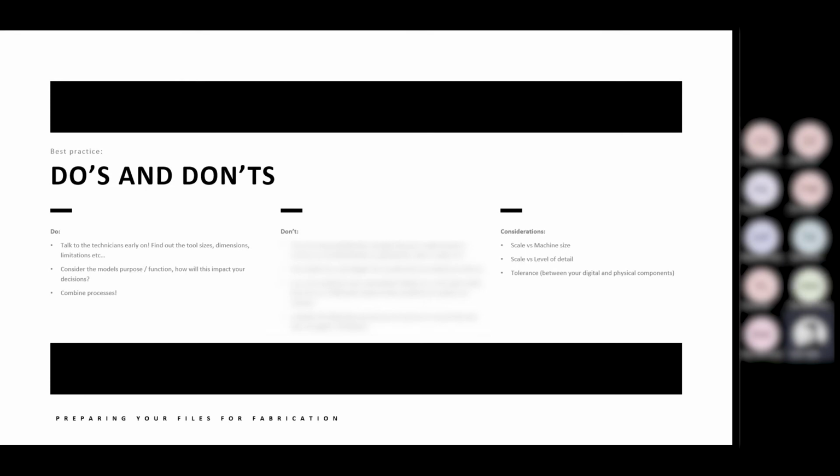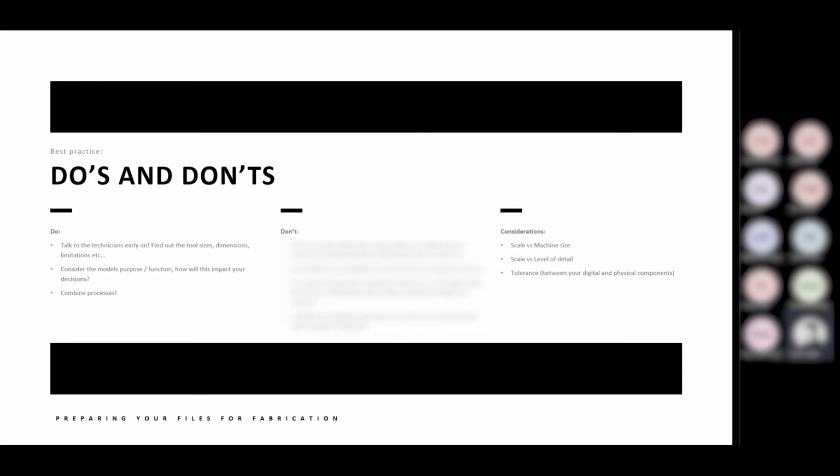A good example of this is the laser cutter. Even though the laser cutter uses a super thin beam of light, it's still subtracting from that material. So it's not going to be cutting perfectly along your vector line, which means there's going to be an ever so slight fraction that is cutting inside your line, inside your model. So you're going to lose some level of detail, which means things might not fit perfectly together.